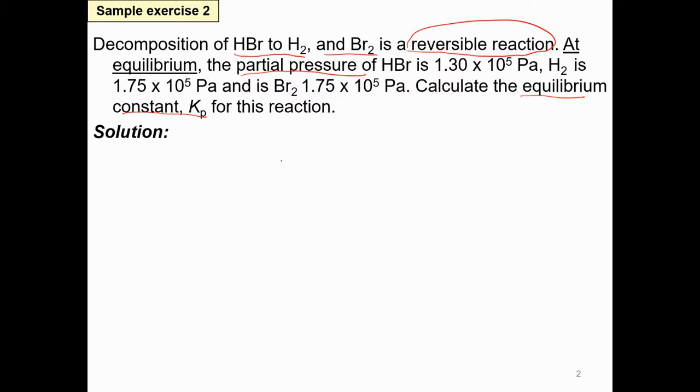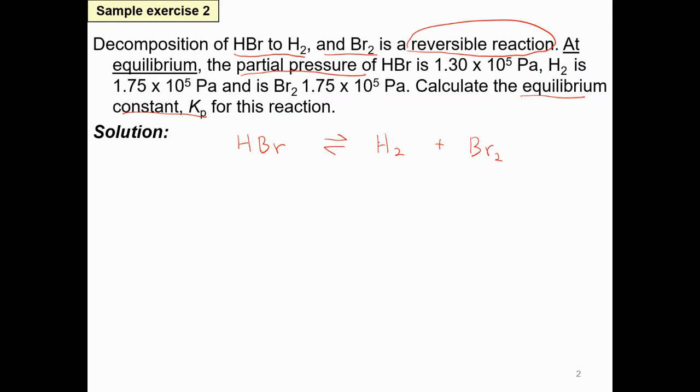So the first thing that we need to do before we calculate the equilibrium constant is always to write the reversible reaction. So it says that HBr decomposes and becomes hydrogen and bromine.